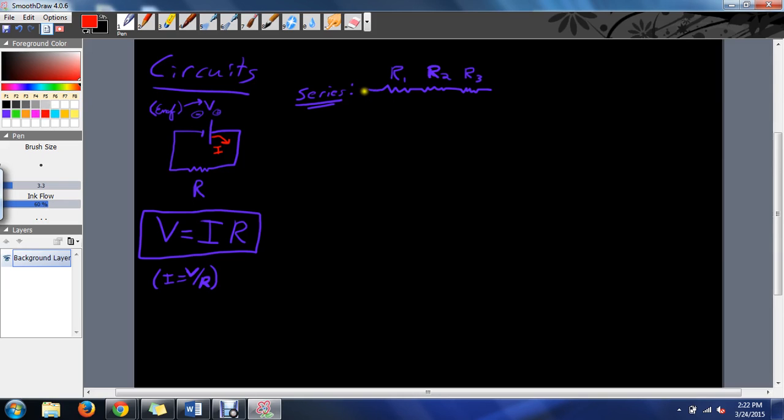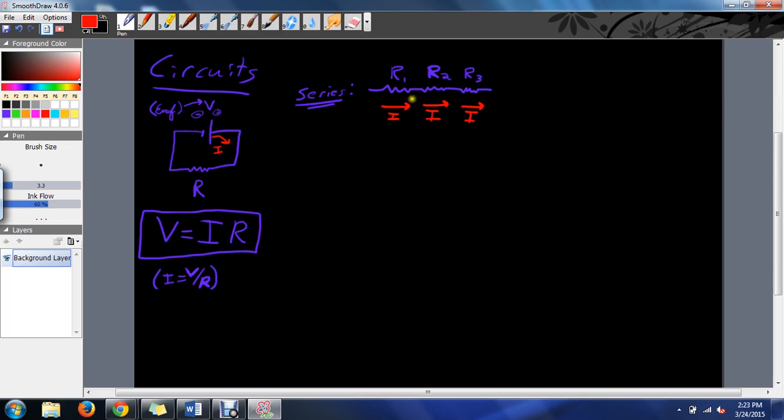So we have these resistors and electrons are going through them. So here's the whole point. Electrons go through them with some current I. If this resistor experiences all of the electrons, this resistor will also experience all of the electrons. And this resistor will also experience all of the electrons.